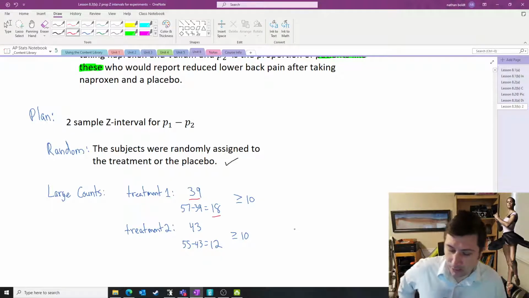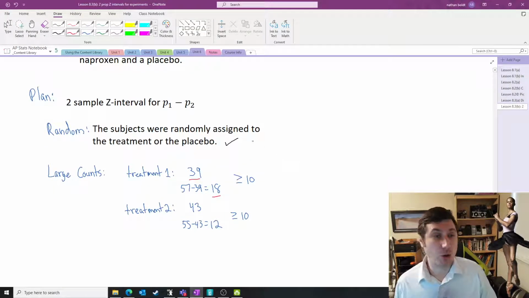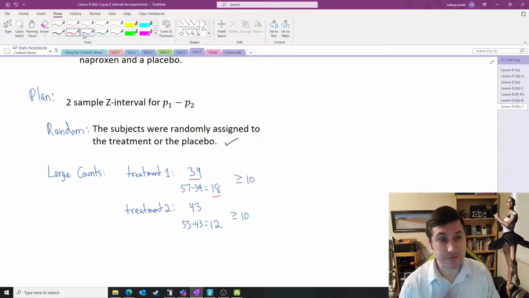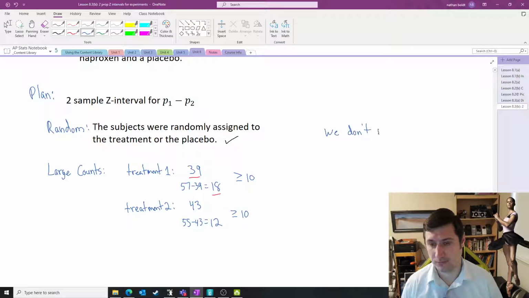Now you might be thinking, Bolt, you forgot one. What happened to the 10% condition? Well, that's one difference here. We don't need the 10% condition for experiments.